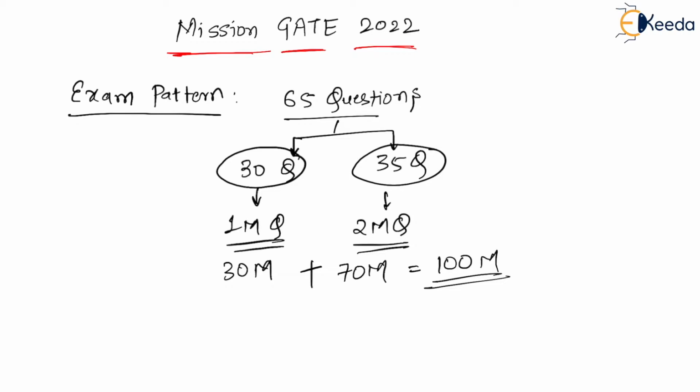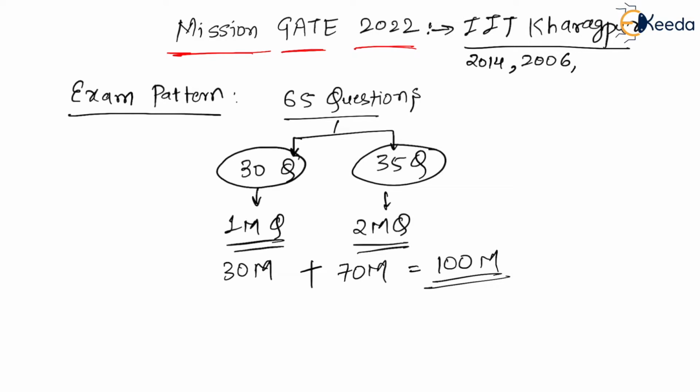Right? Now see here, apart from this, GATE 2022 is going to be organized by IIT Kharagpur, and this particular IIT has already organized it in 2014, then back in 2006, then in 2000, in 1994, and in 1988.